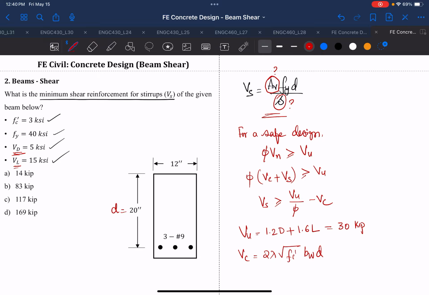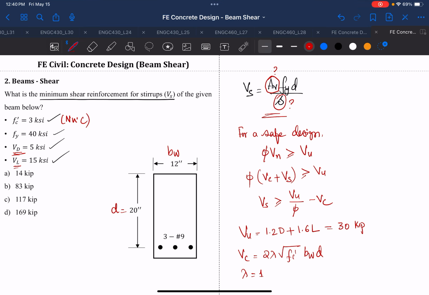We know d, we know Bw, and we know lambda is equal to 1, because by default lambda is equal to 1, which is normal weight concrete, unless it's specified that it's a lightweight concrete. So generally we assume that it's always normal weight concrete.